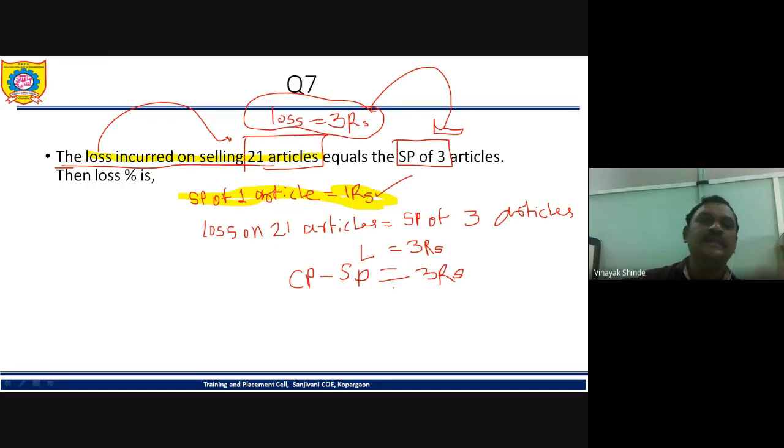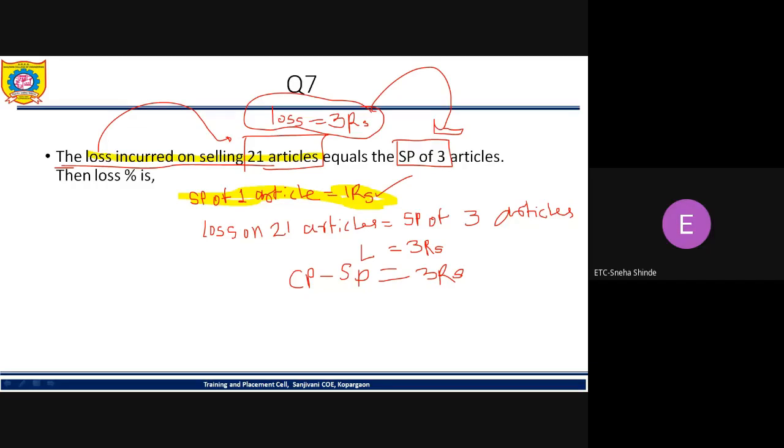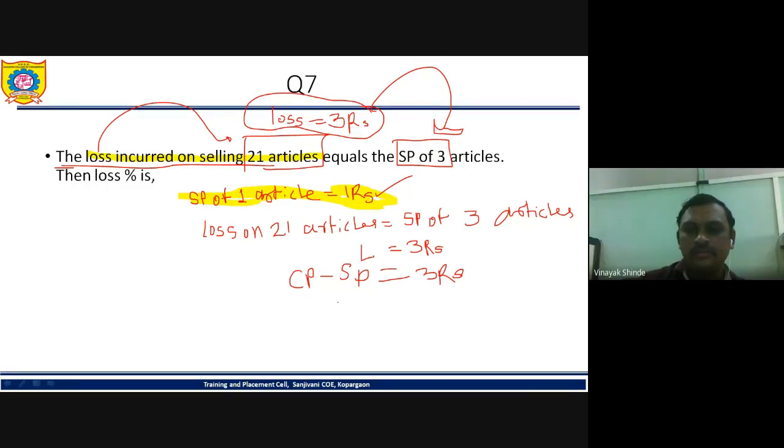So can you tell me the selling price of 21 articles? 21. So here we will write that total selling price of 21 articles is 21 rupees. So can you calculate the cost price now?